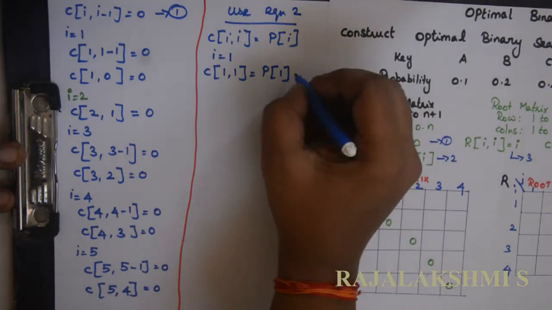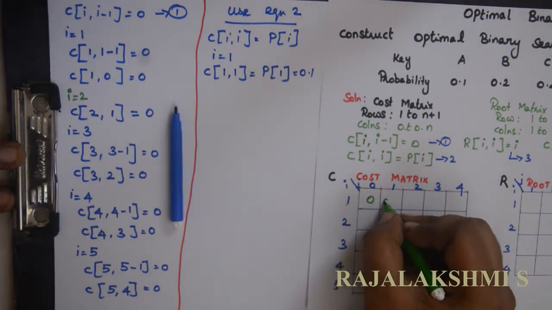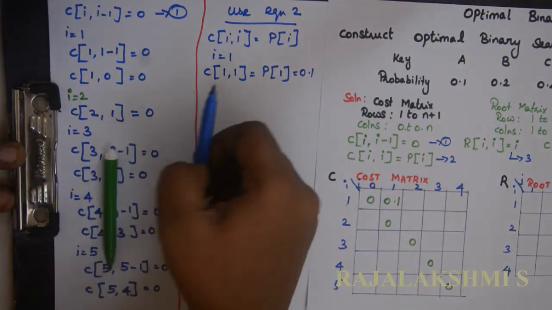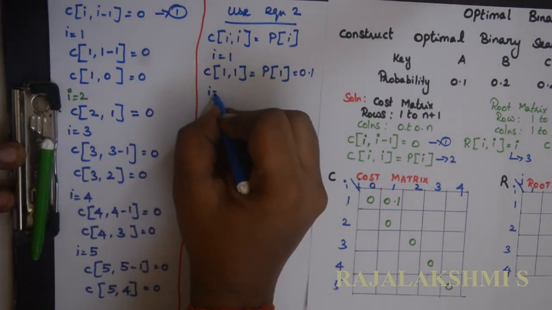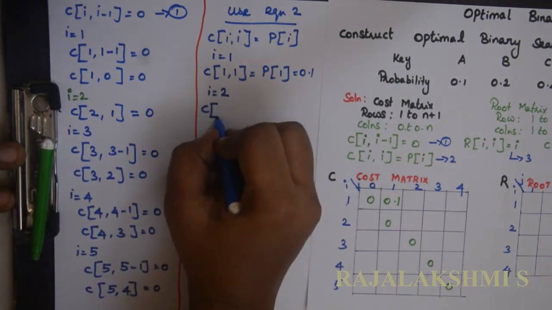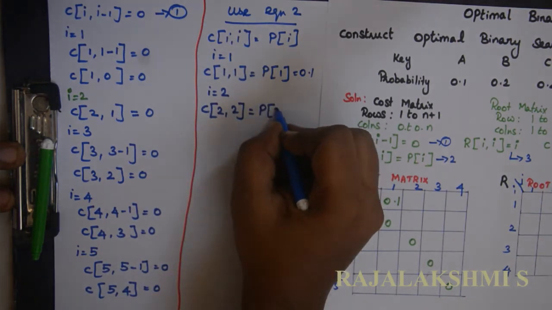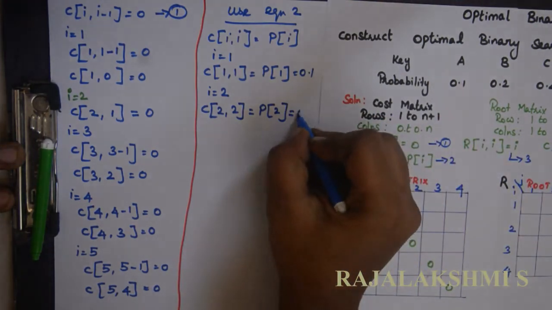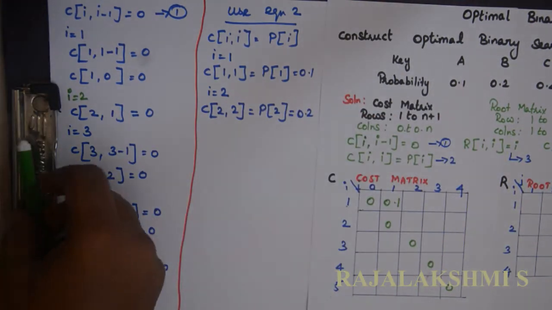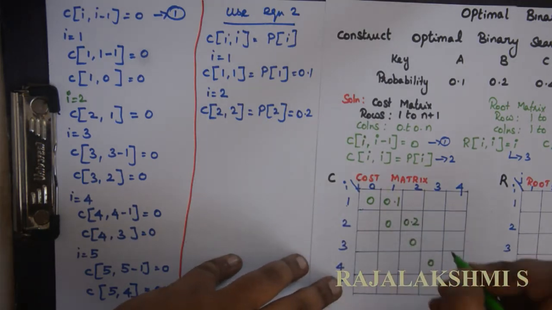The next value of I is equal to 2. So C of 2 comma 2 is equal to P of 2, which is 0.2. So that I am writing here. Here C of 2 comma 2 is equal to 0.2.